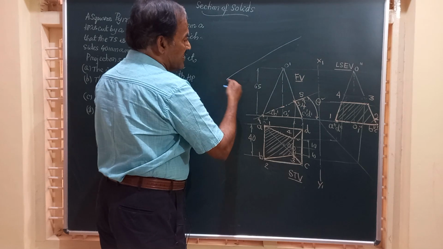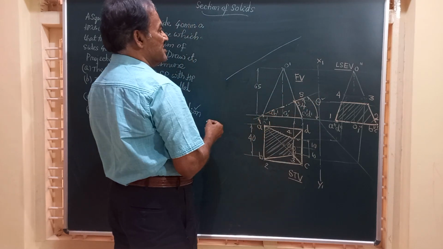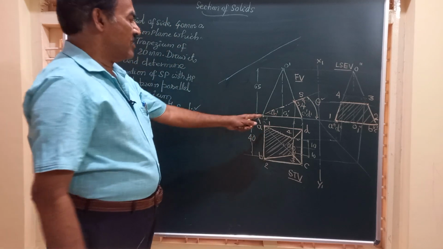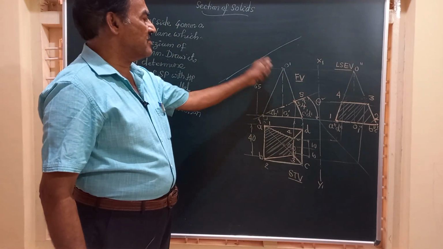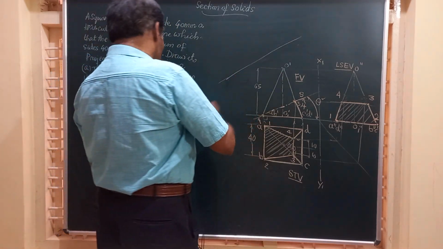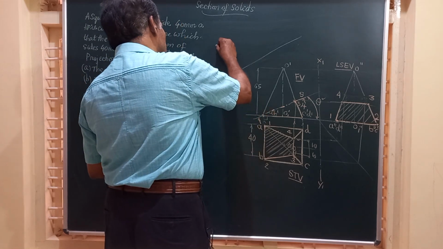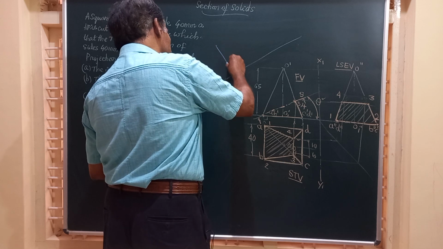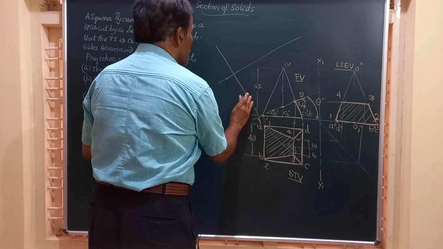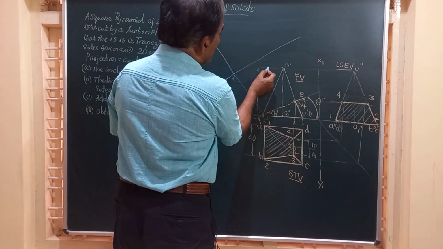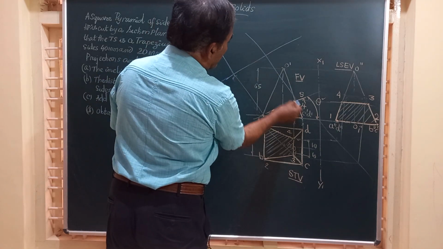So this line is parallel to SS and we have to transfer all these points, point 1, 2, 3 and 4. So we have to draw one more set of perpendicular lines from here. One line from here and another line from here.